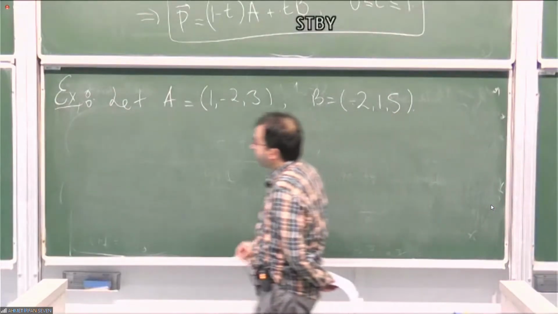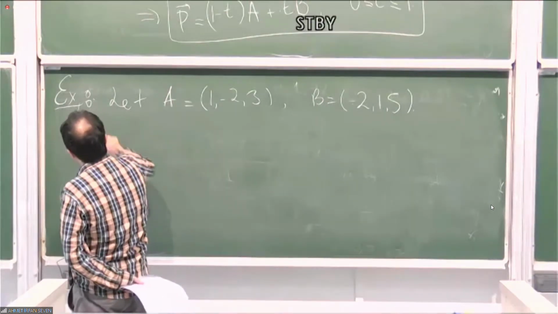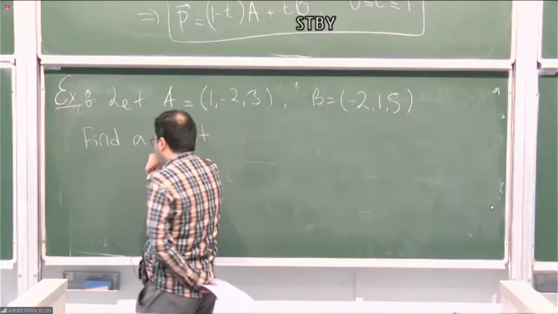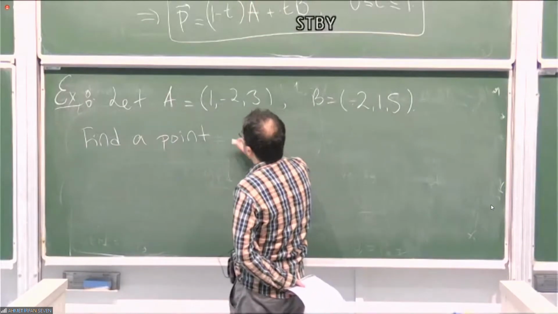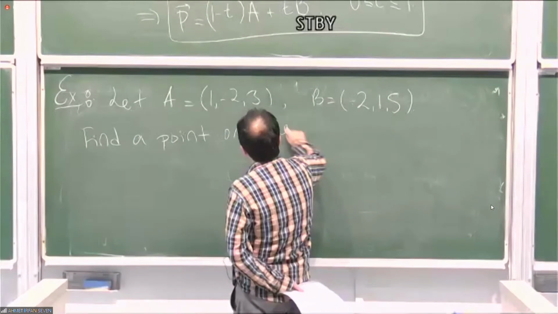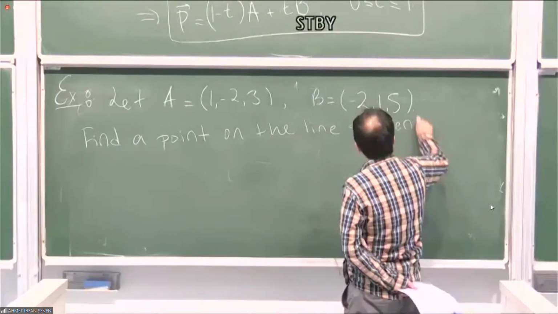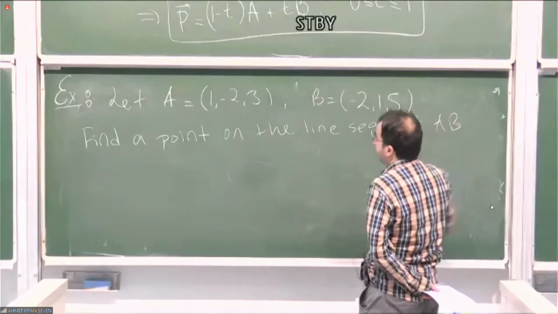Let's find a point between A and B on the line segment AB.